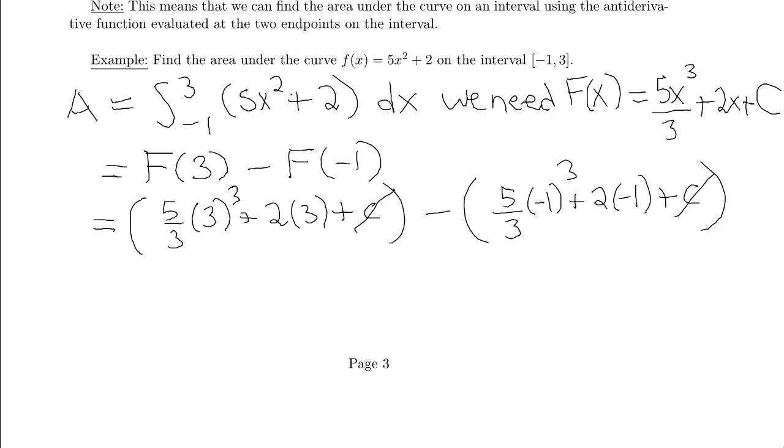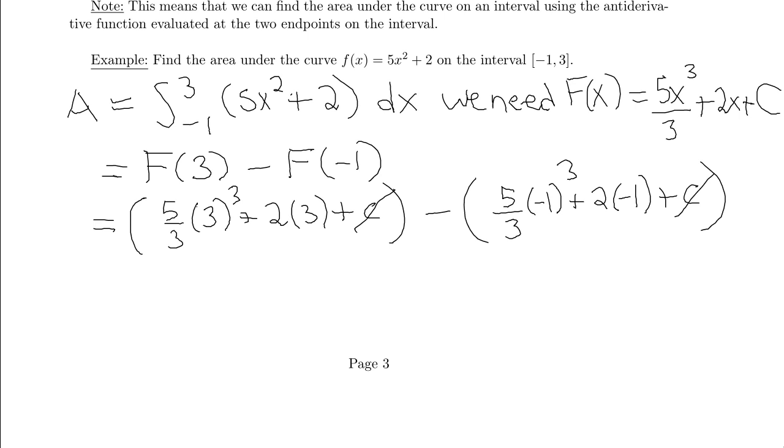The time that you want to have the plus c there is when there are no bounds on the integral. So if it was just the indefinite integral of 5x squared plus 2, that's when we want to have the plus c there, when your final answer is the antiderivative. But when your final answer is an area, you don't need the plus c because it's always going to cancel.